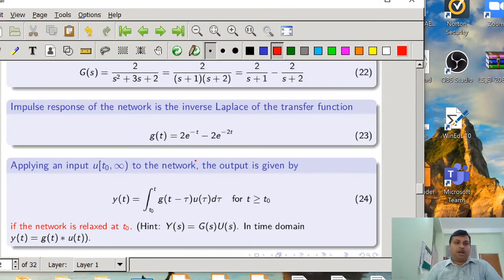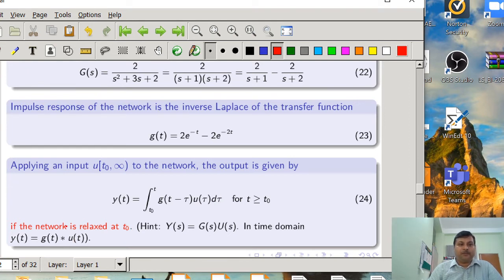Now if we apply an input u, known from t0 onwards, to the network, the output is given by y(t), where the integration limit starts from t0 to t, of g(t − τ)u(τ)dτ, if the network is relaxed at t0.